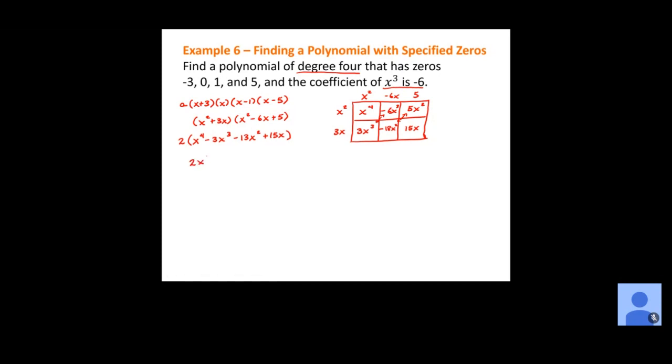We're going to have 2x to the 4th minus 6x cubed minus 26x squared plus 30x. This is our polynomial now. And so it has a degree of 4, has the coefficient of x cubed that we were looking for, and it would have those zeros, negative 3, 0, 1, and 5.